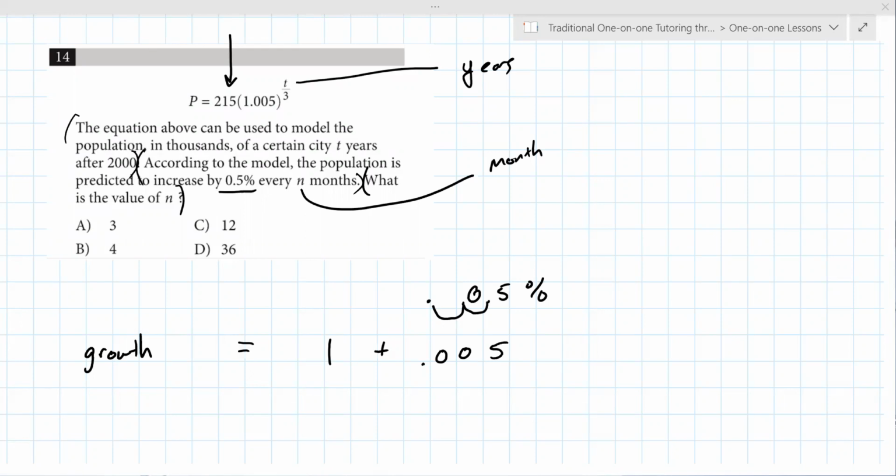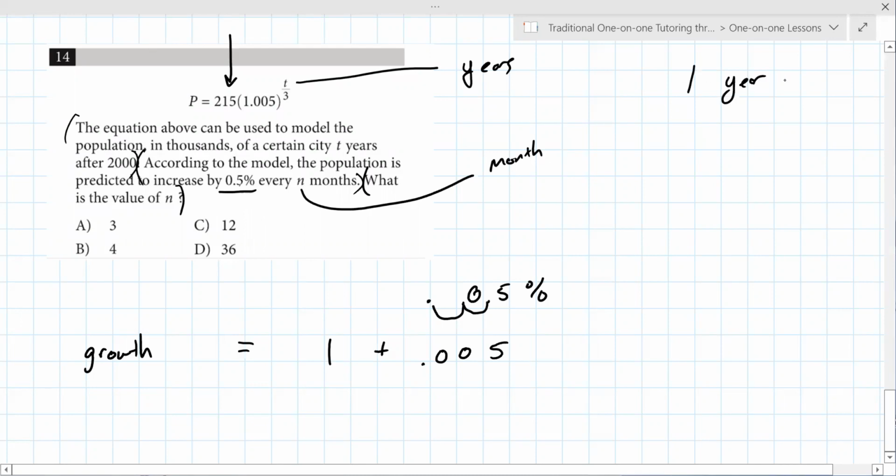So let's do this. Okay, so the model increases by 0.5% every n months. So 1 year is 12 months. So if we put t equals 1 into this model, it's actually going to be going up. Well, actually, this is kind of odd.